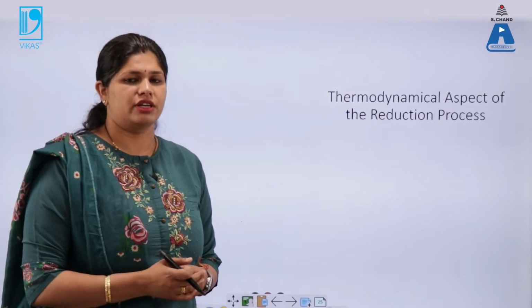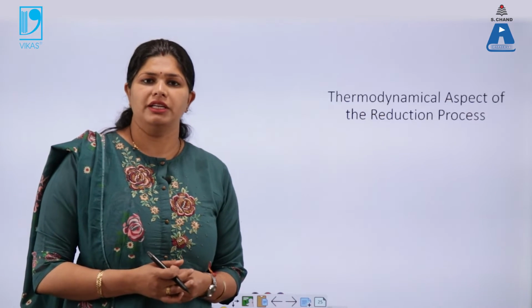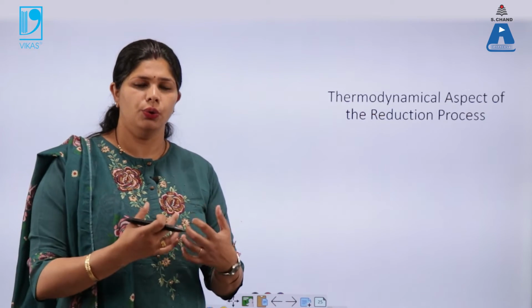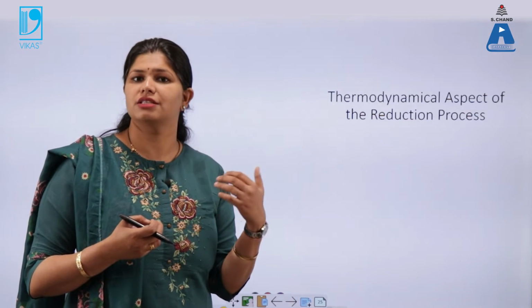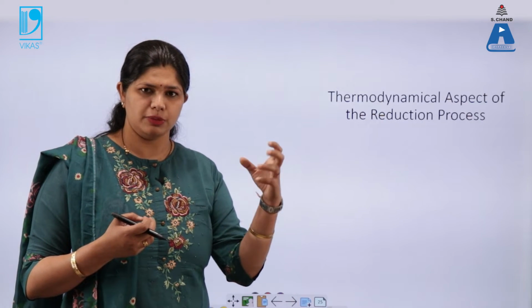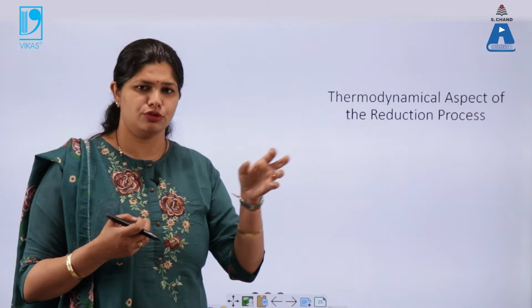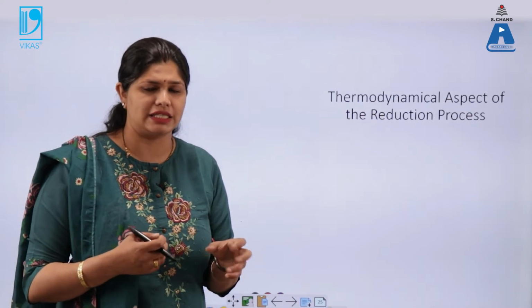Thermodynamical aspect of reduction process. In metallurgy, we know that the metal can be extracted from its ore by various chemical treatments. So if it is present as oxide, we have to reduce it to get it in the metal state.